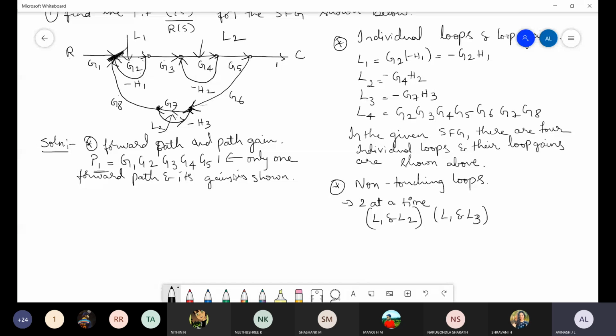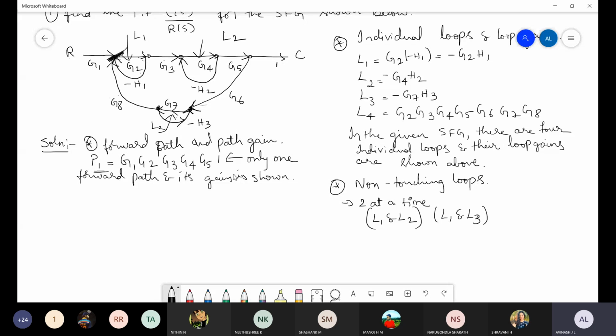So L1 and L4 we'll see. L1 and L4 are touching each other. Why? Because L1 and L4 both start at the same point, so those are traveling in G2 only. So they are touching each other. We cannot consider them.